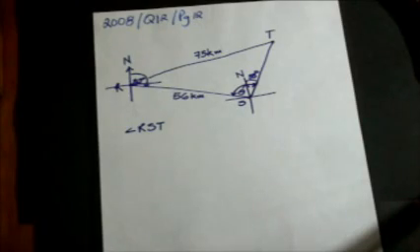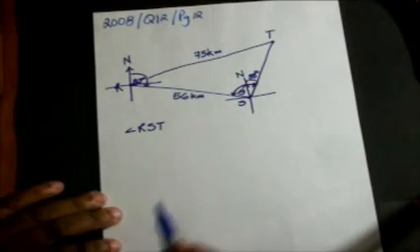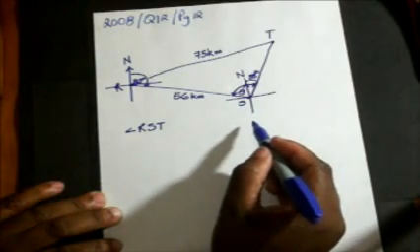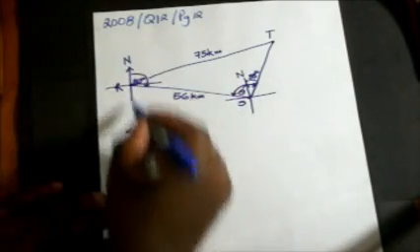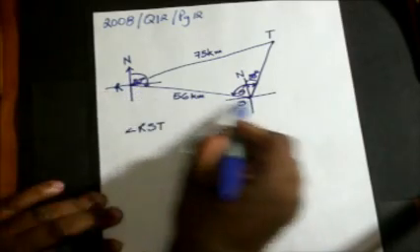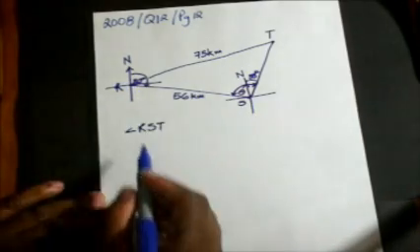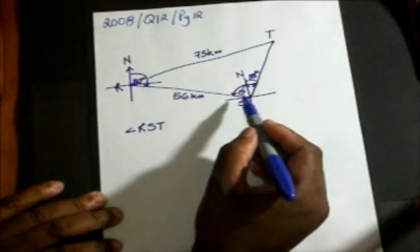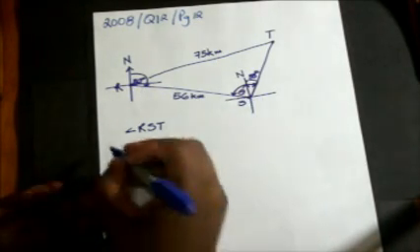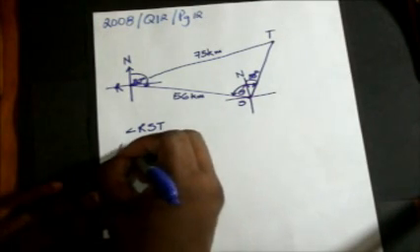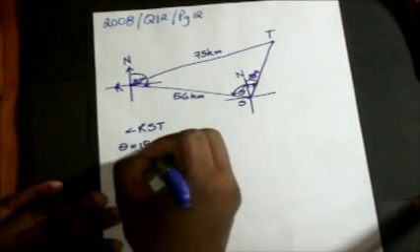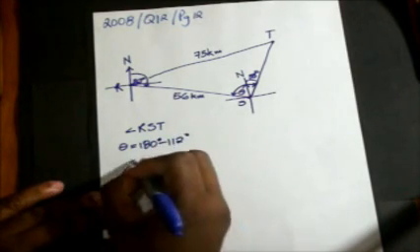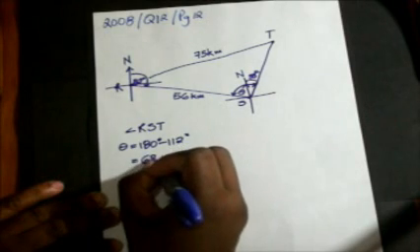If we remember that two north-south lines are parallel to each other, what we have is parallel lines cut by this transversal. And this 112 degrees and theta degrees form co-interior angles. Therefore, theta would be equal to 180 minus 112 degrees, which is equal to 68 degrees.